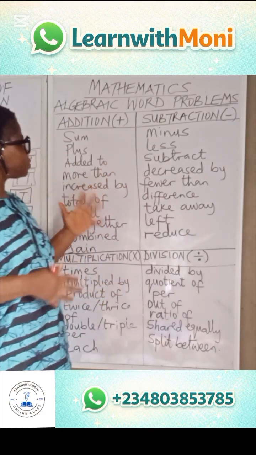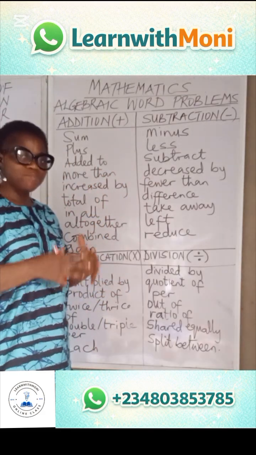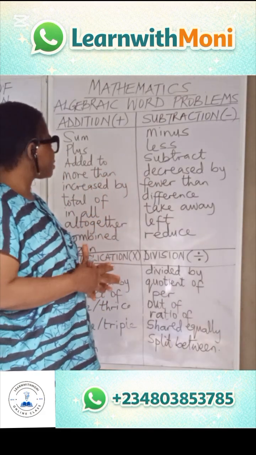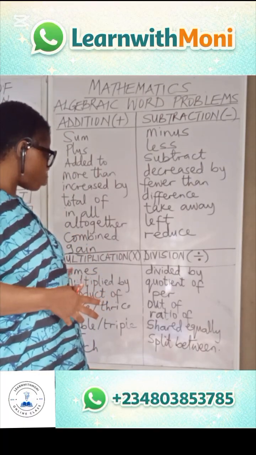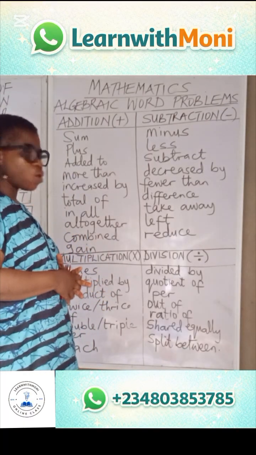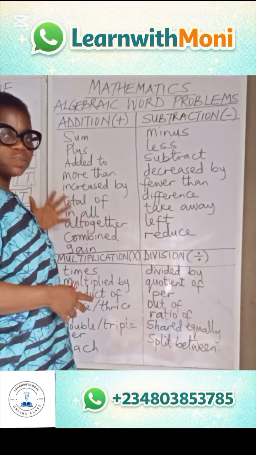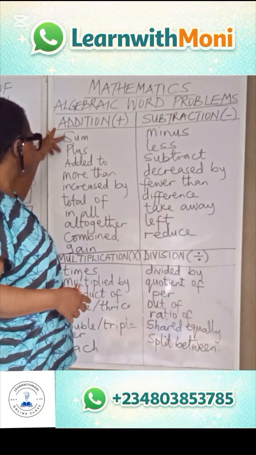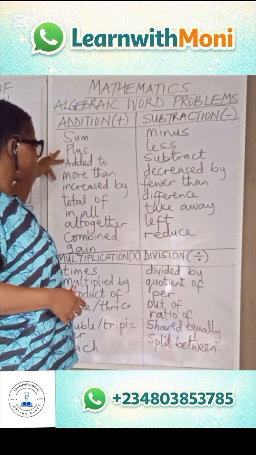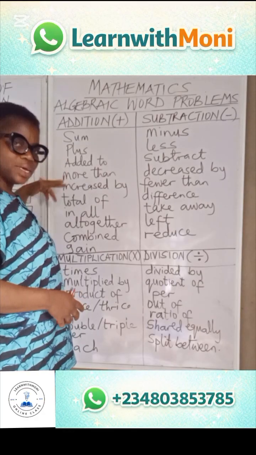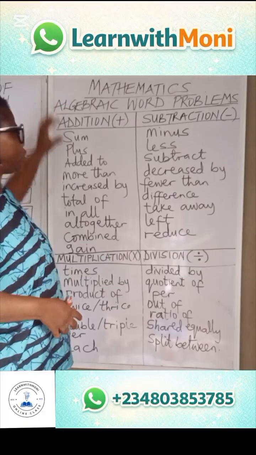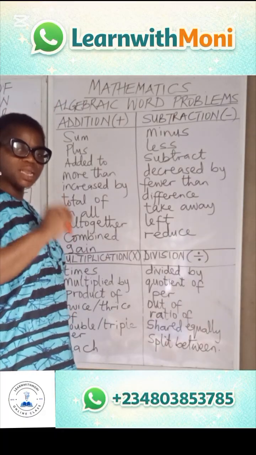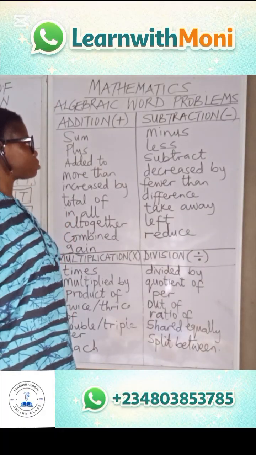There are certain words that mean certain mathematical operations, and these are the words I have highlighted on the board. When you see a word like sum, plus, added to, more than, increased by, all these words mean addition when you see them in any word problem.